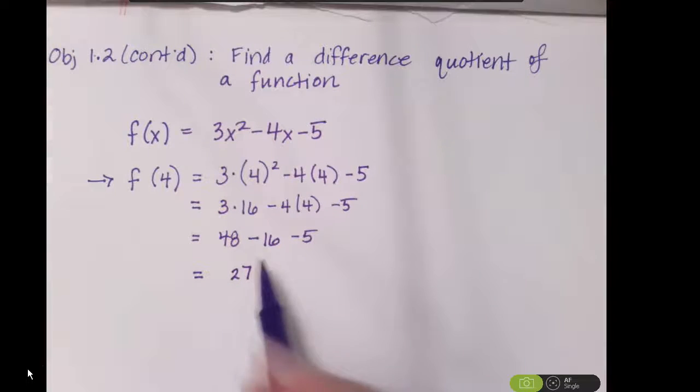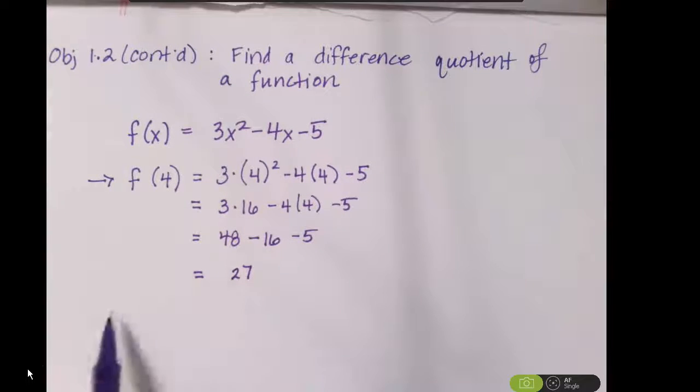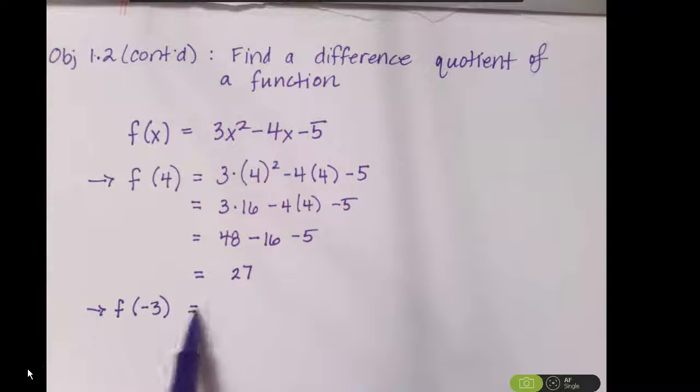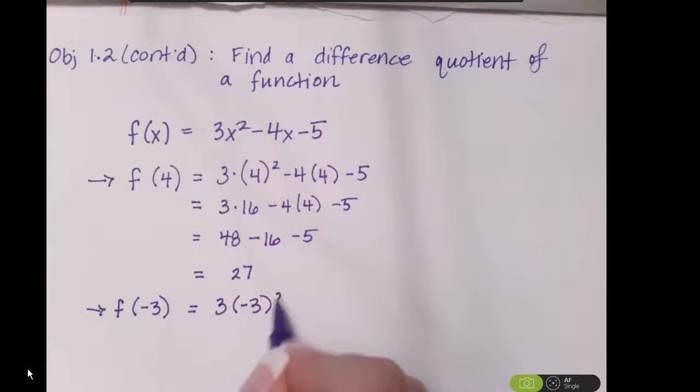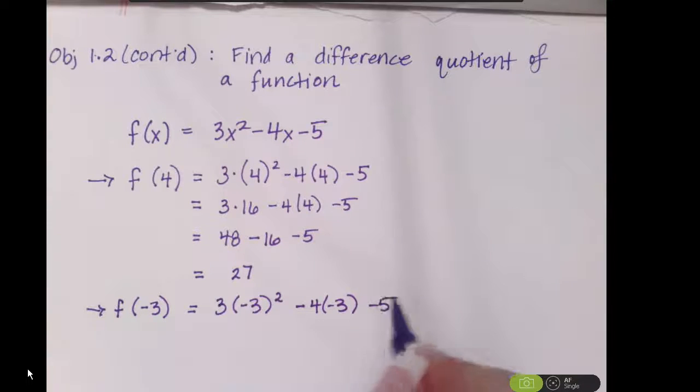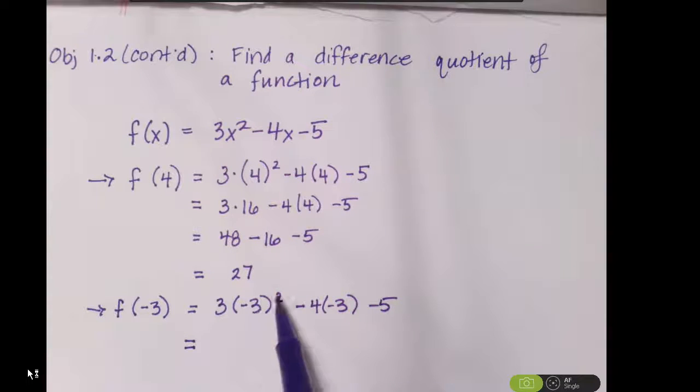So there I used parentheses carefully when I had a positive value. I absolutely need to be on my toes with my parentheses when I'm substituting in a negative value. So we'll show that to be worked out here. I'm going to do negative 3 squared and get 9. Minus 4 times minus 3.